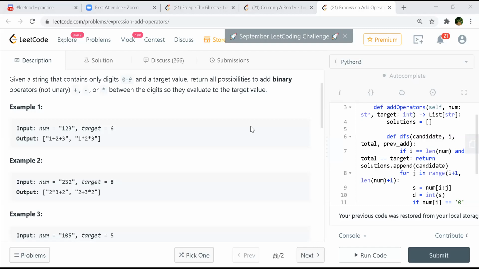Initially I thought we could take only one digit as one number. In that case it would be easy, right? We take one digit, do all three operations for that and call a DFS, like plus, minus. Yeah, but it won't be easy because we have to take the precedence thing also into consideration.